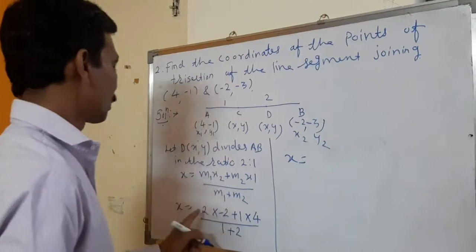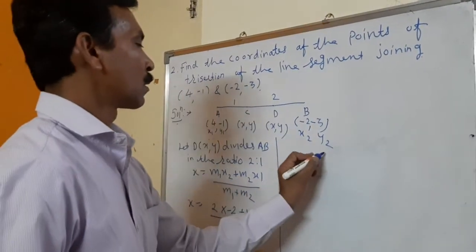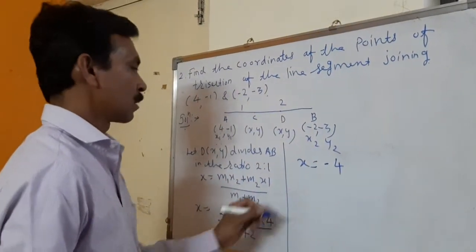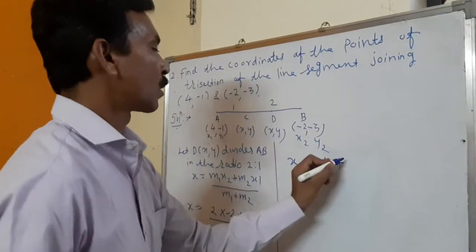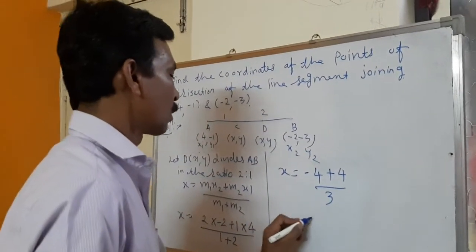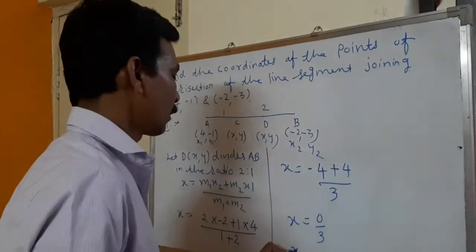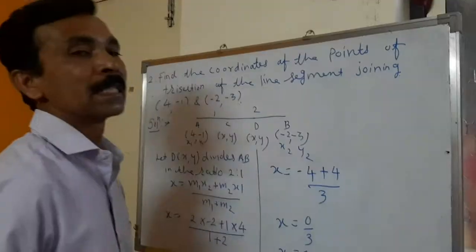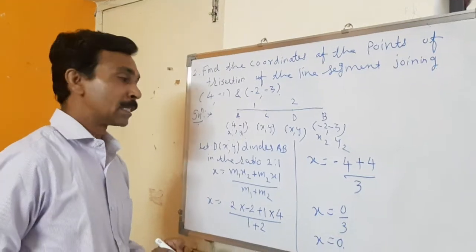X is equal to 2 into minus 2, minus 4 plus 1 into 4, 4 upon 3. X is equal to 0 by 3. X is equal to 0.